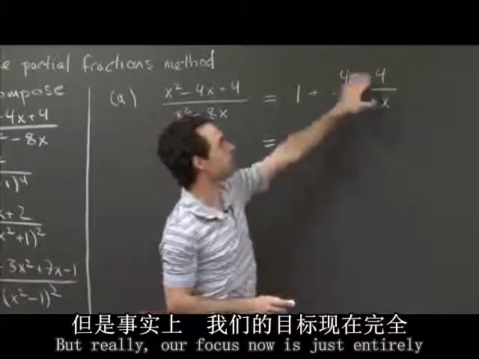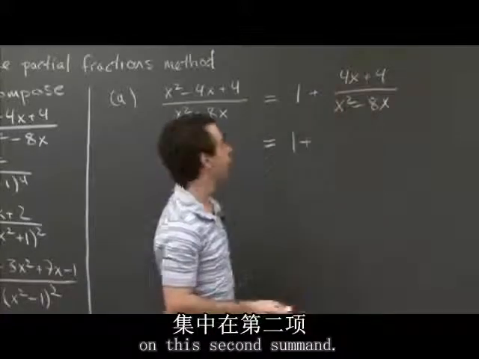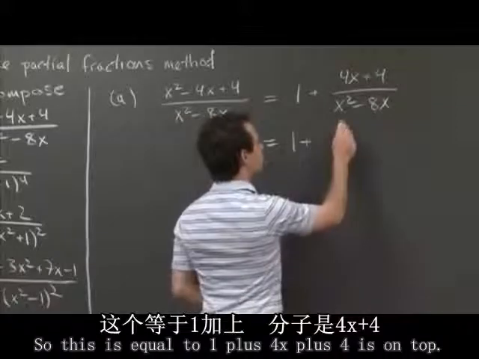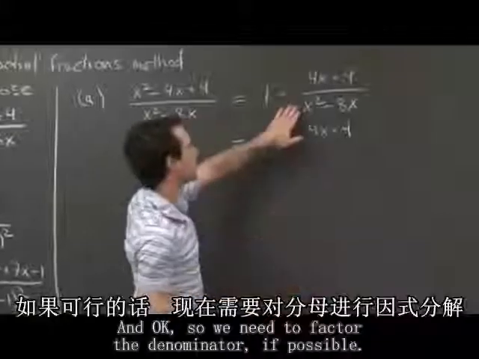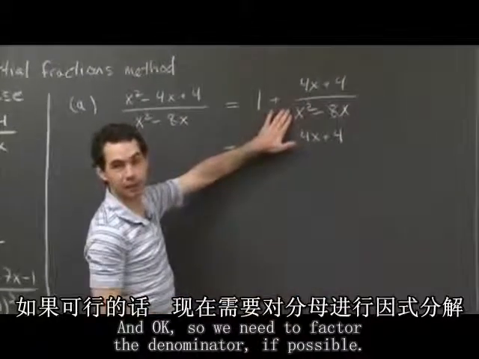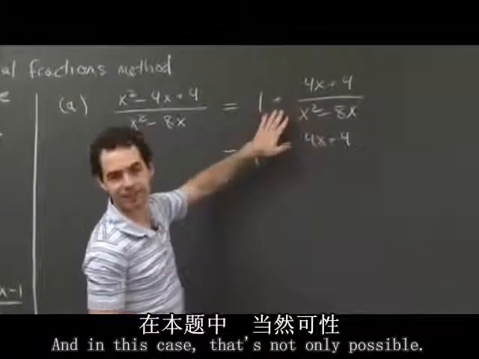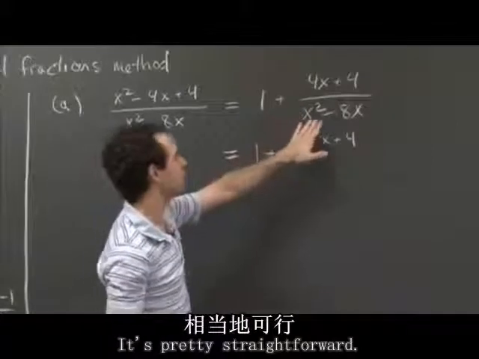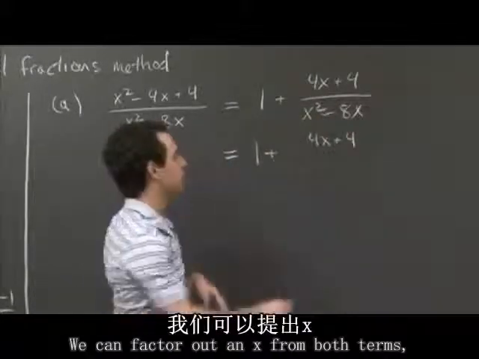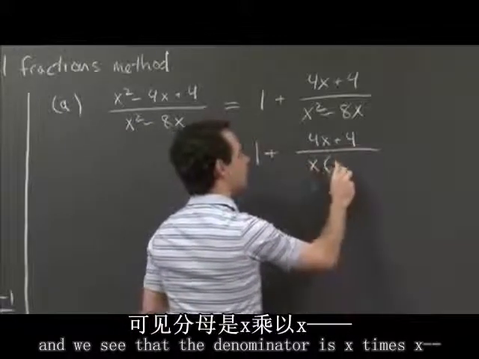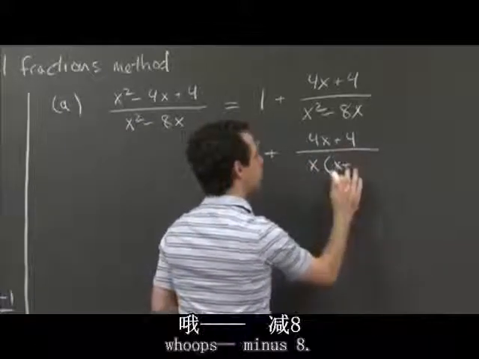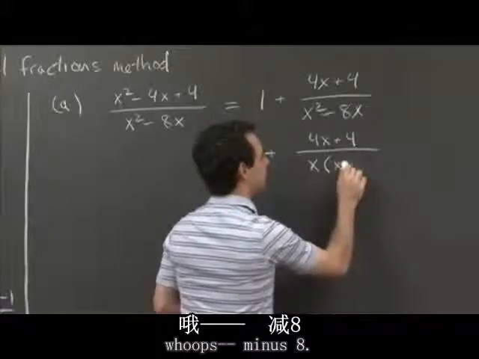But really, our focus now is entirely on this second summand. So this is equal to 1 plus 4x plus 4 on top. And we need to factor the denominator if possible. In this case, that's not only possible, it's pretty straightforward. We can factor out an x from both terms, and we see that the denominator is x times x minus 8.